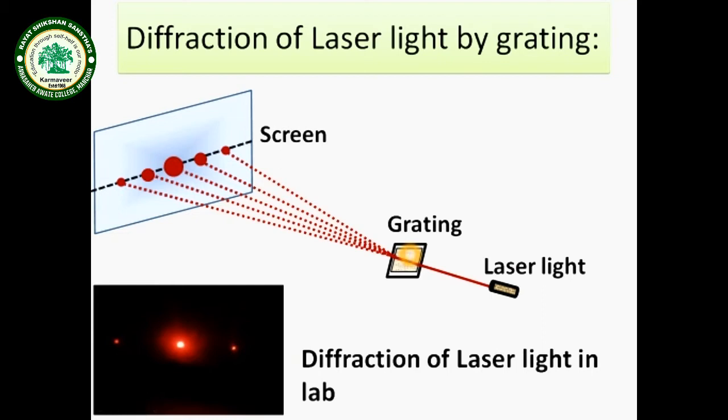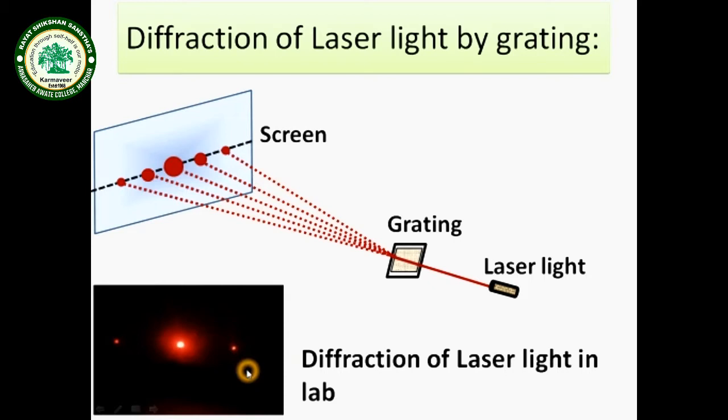As a result, instead of only getting the simple direct spot, we get a series of spots on the left hand side as well as the right hand side. And this deviation of the laser light with respect to the straight line is due to the diffraction of the laser light, and the real picture in the lab has been given here.